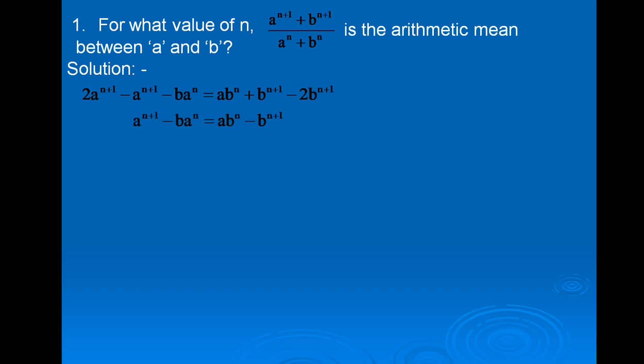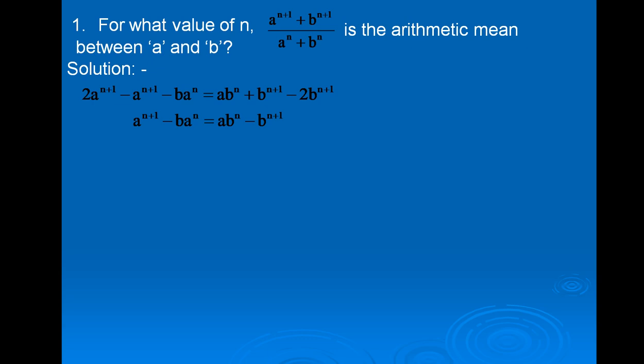So we get a^(n+1) minus b a^n equals a b^n minus b^(n+1), because b^(n+1) minus 2b^(n+1) gives minus b^(n+1).